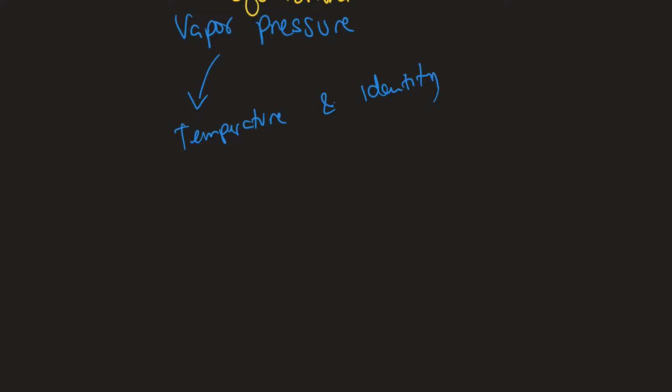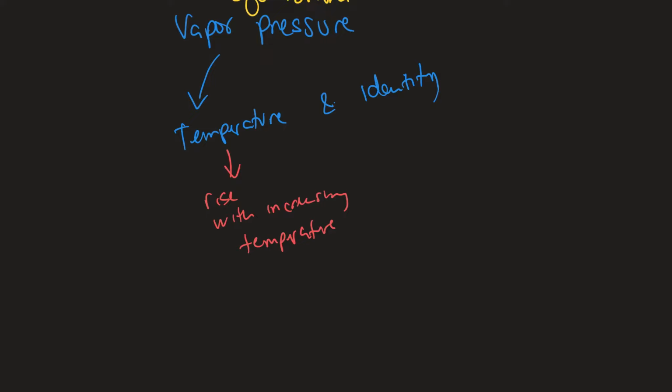The vapor pressure will tend to rise with increasing temperature, and this kind of makes sense. The higher the temperature, the more energy the substance will have. If they have more energy, then more of the molecules or particles will have enough energy to go to the gaseous state.